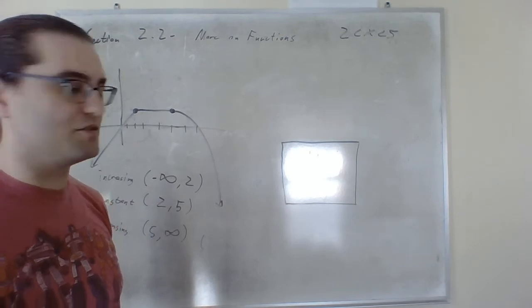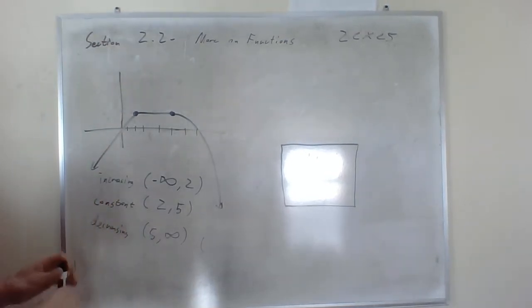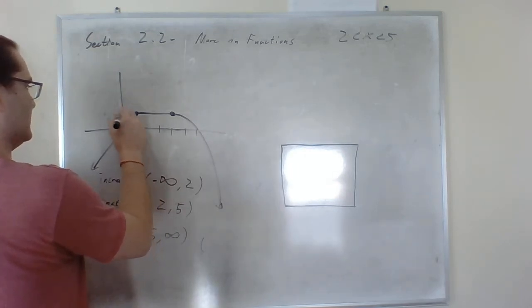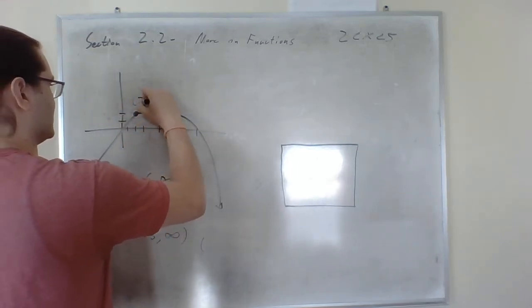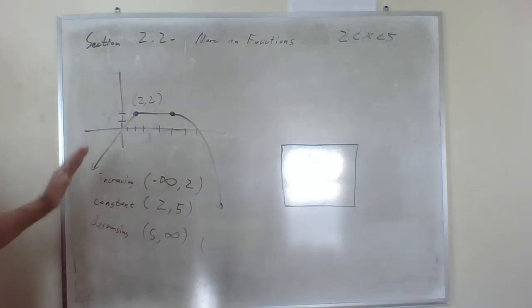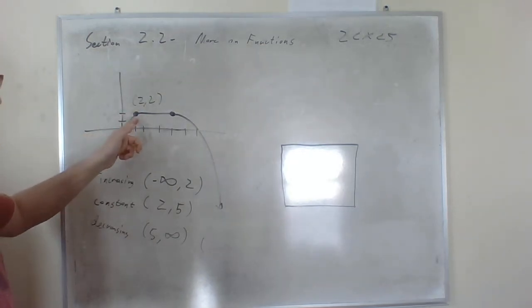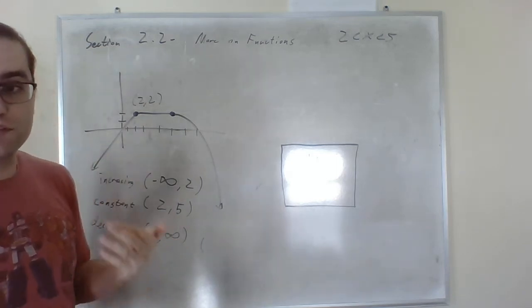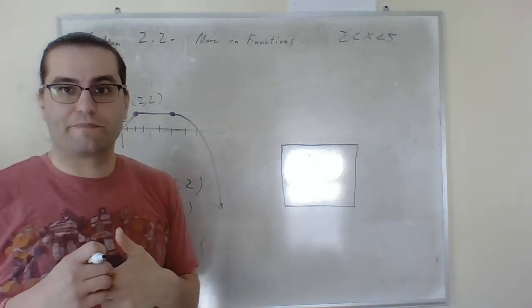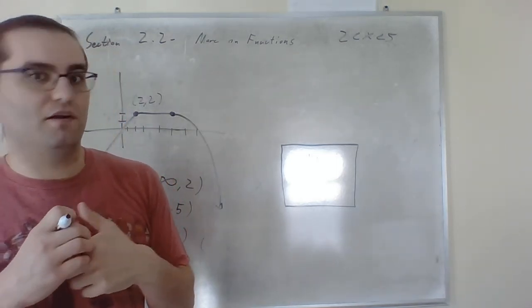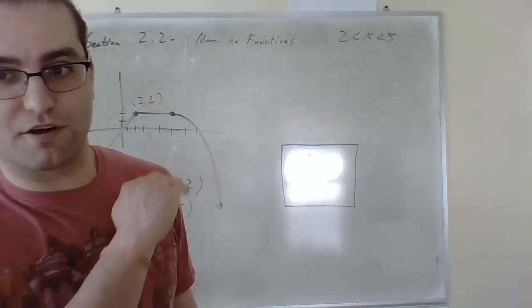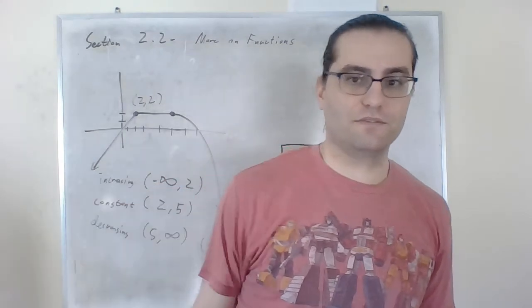So I see a lot of students trying to answer these questions in terms of x and y. Like, maybe if this is the point 2, 2, they'll tell me something about increasing until 2, 2. I want to say this because the y values don't matter. They don't matter at all, even a little bit. All of these where questions, they're exclusively about x values.